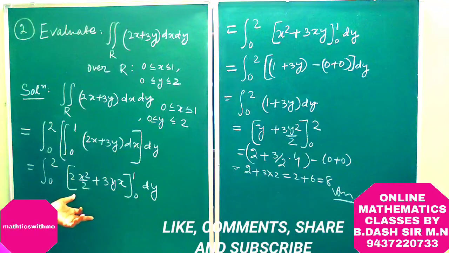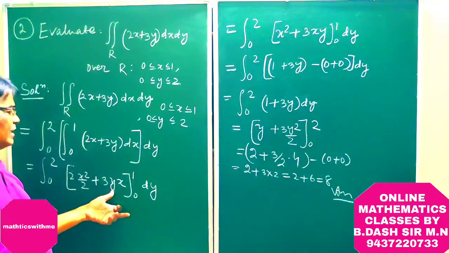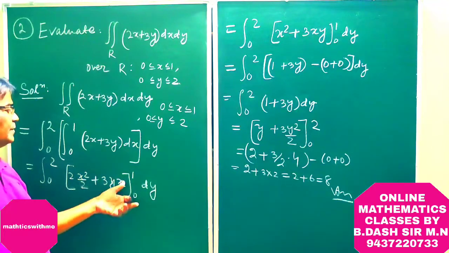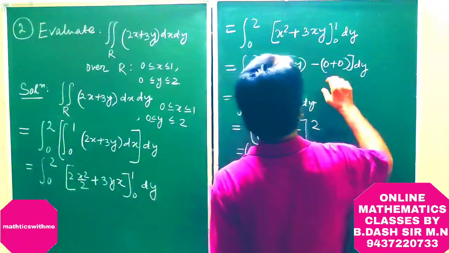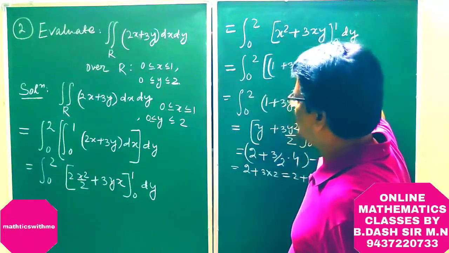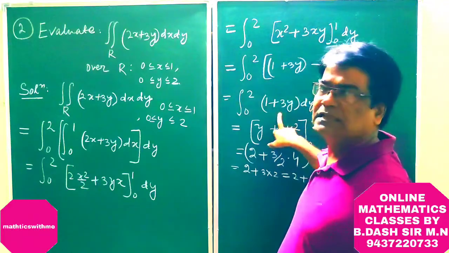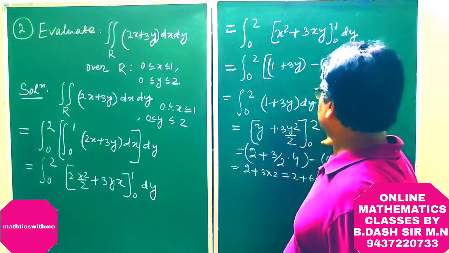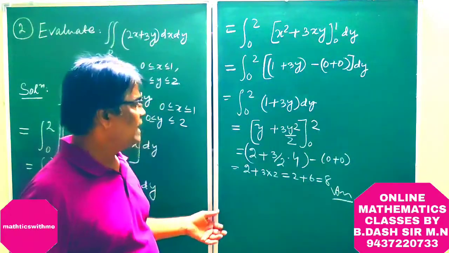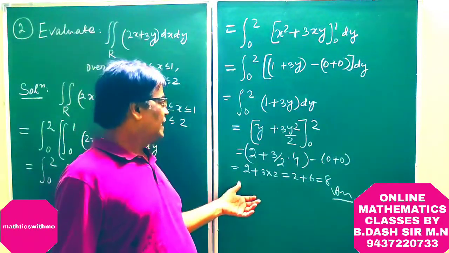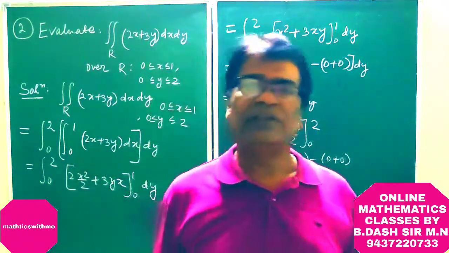Now the inner integral value is 2x square by 2 plus 3yx, with the limiting value from 0 to 1. After simplification, putting the limiting values of x, we get this expression, integration 0 to 2 of 1 plus 3y dy. Now after integrating with respect to y and putting the values, we get 8. So our second question is solved.